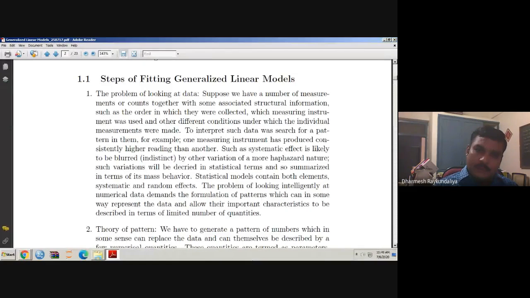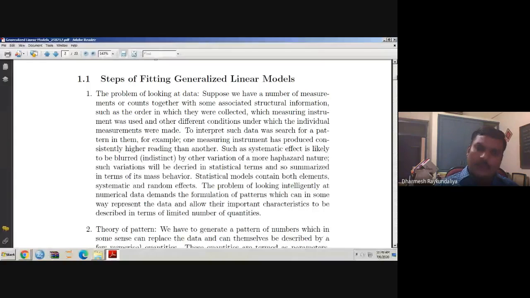While applying the generalized linear models, we should remember certain properties. So in generalized linear models, we talk about two properties. One property is that variance is a function of mean. And the second property is independence, or you can say that the observations are uncorrelated. Errors are uncorrelated.